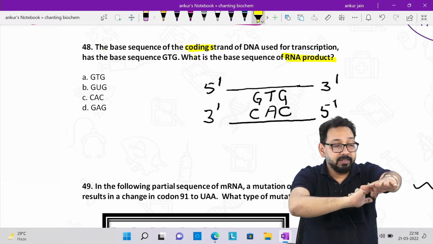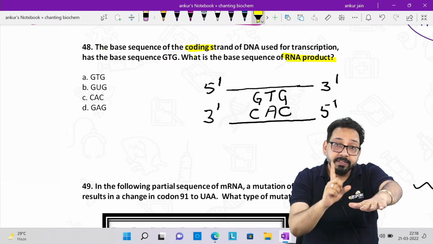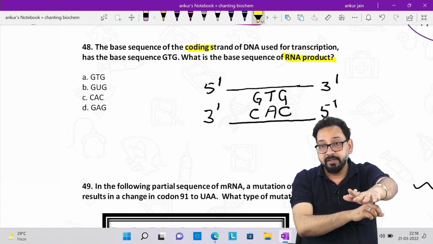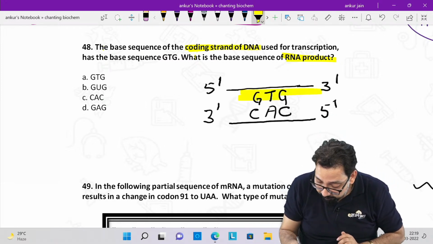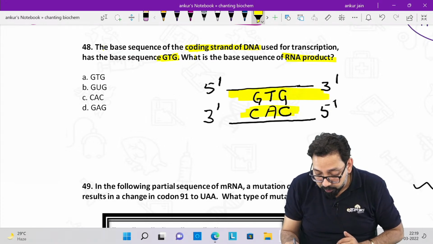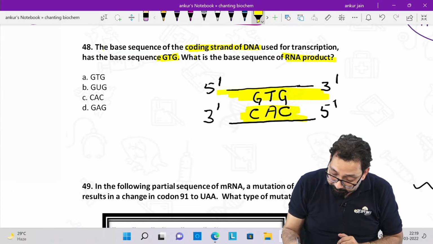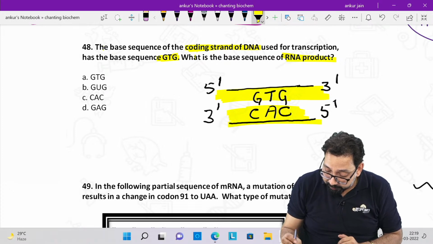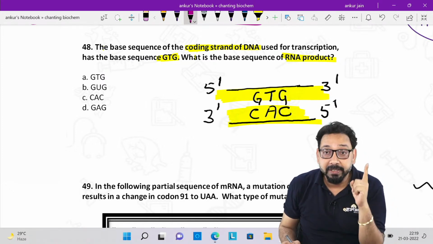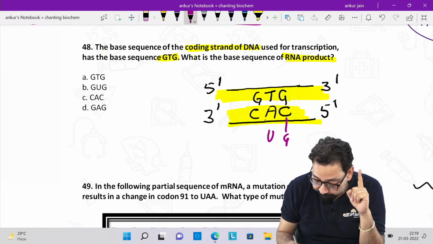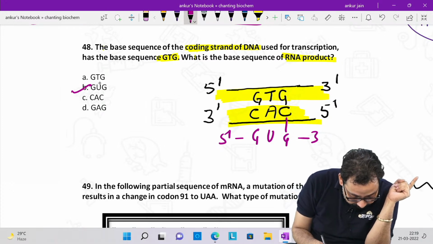So this template strand will synthesize messenger RNA just like coding strand, except T will be replaced by U. The coding strand is GTG, the template is CAC, 5 to 3. So the answer is GUG.